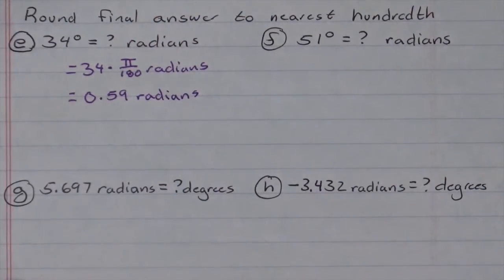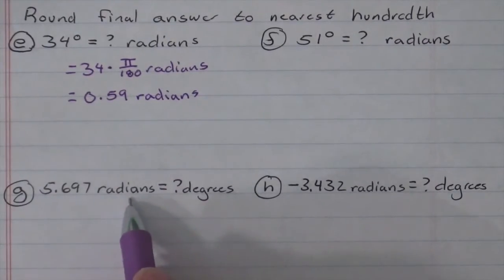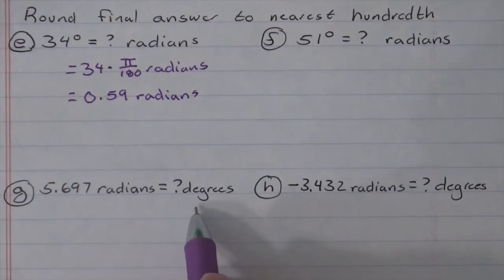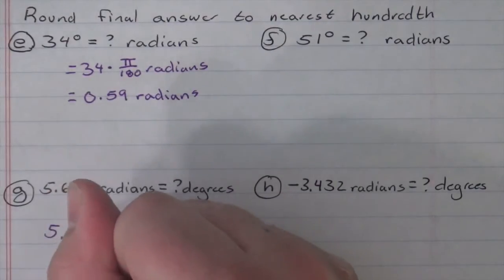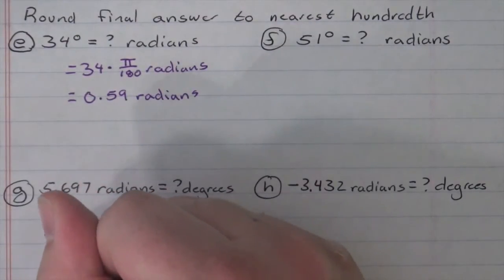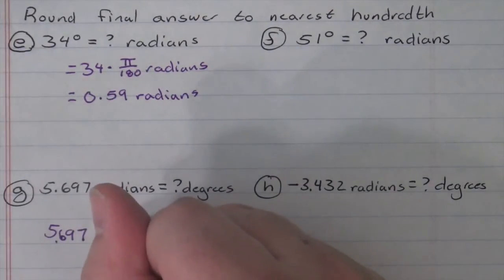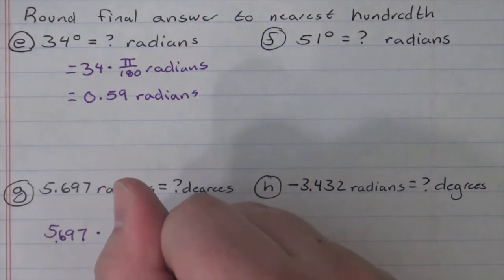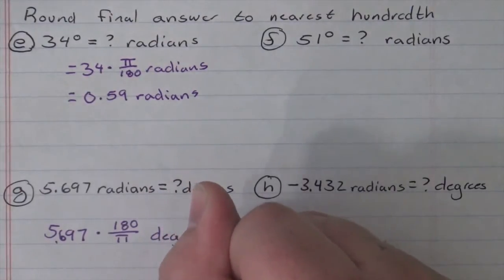Alright, so let's try the next one. We have 5.697 radians, and we need to go into degrees. So we're going to use the little formula that we came up with. We're going to take 5.697 and multiply that by 180 over pi, and that's going to give us our degrees.